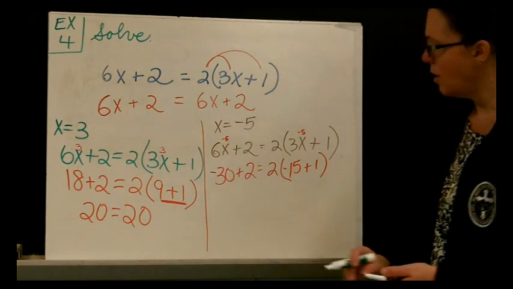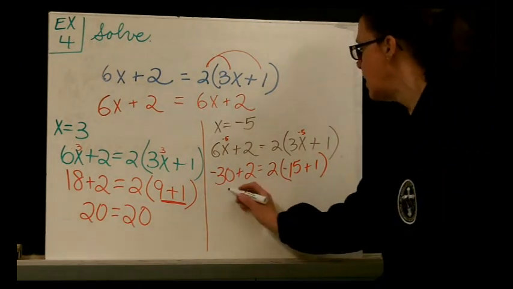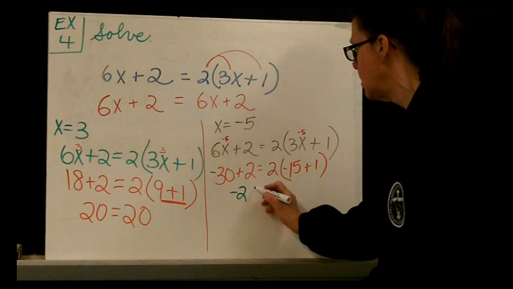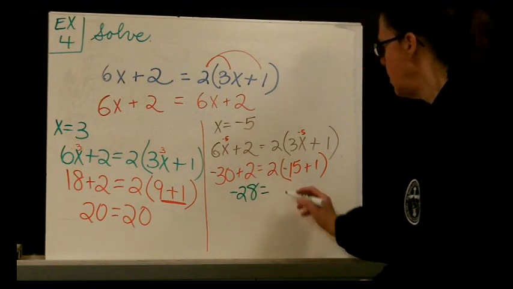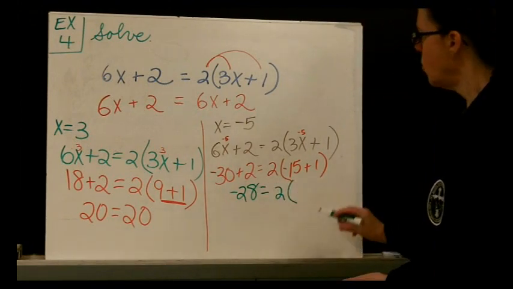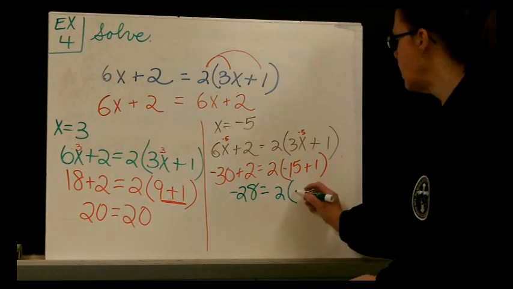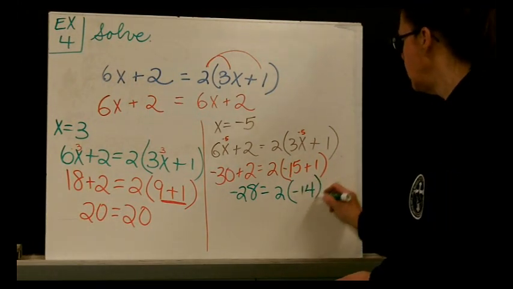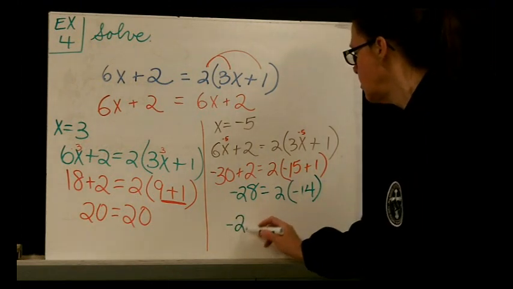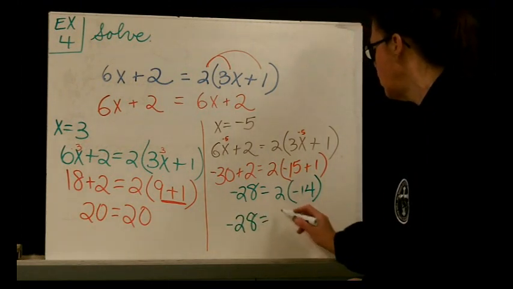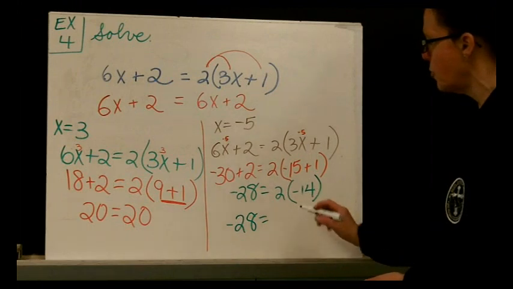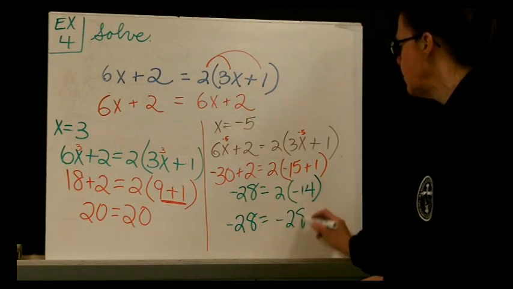Negative 30 and a positive 2 together make a negative 28. 2 times the quantity, a negative 15 and a positive 1 make a negative 14. So you see negative 28 equals 2 times a negative 14 is negative 28.